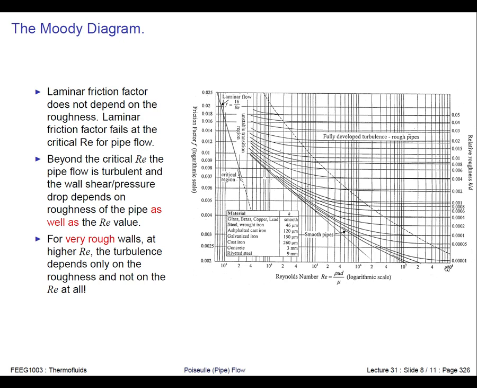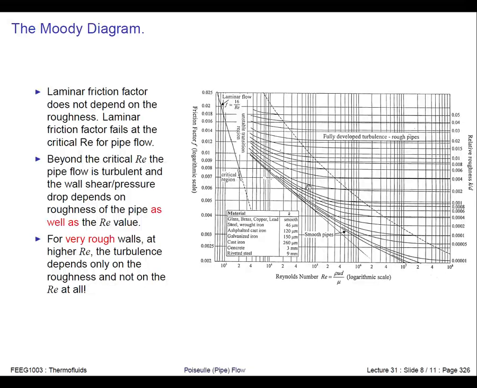When the roughness is really small, we assume it's a smooth pipe and you have this pressure drop characteristic, and then the roughness can get bigger. The interesting thing about the Moody diagram is that there are effectively 3 zones. You've got the smooth zone for turbulent flow, which means that the roughness has no effect on the pressure drop.